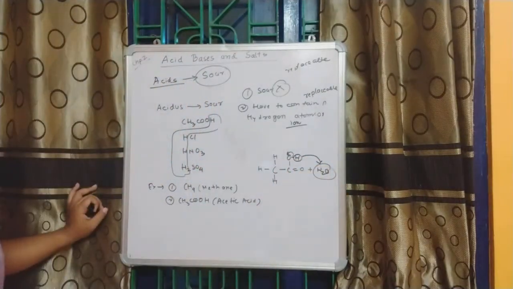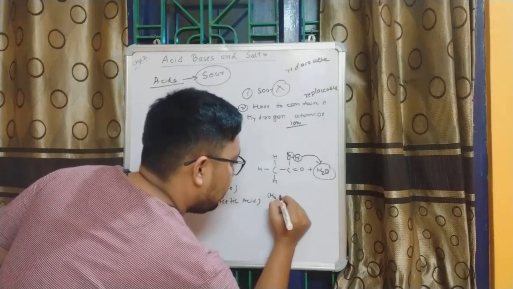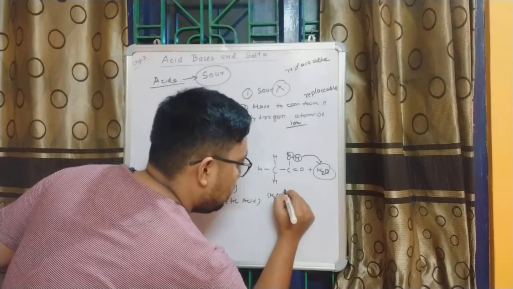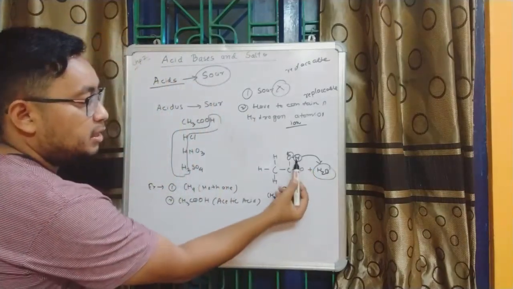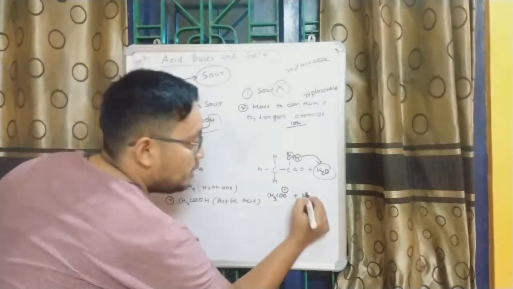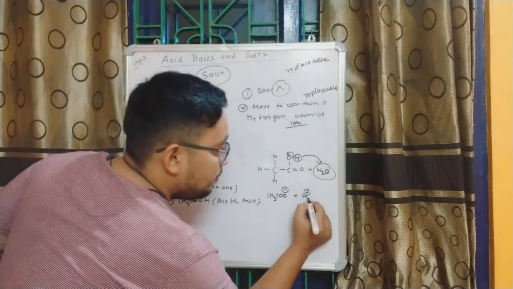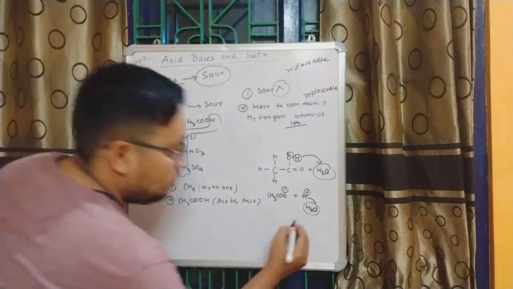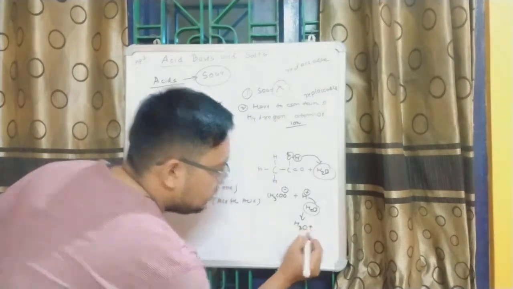That means as soon as you mix it with water, CH3COOH will become CH3COO minus, and this H which was initially a hydrogen atom will now be converted into hydrogen plus, a hydrogen ion, and this will combine with H2O and give you H3O positive.